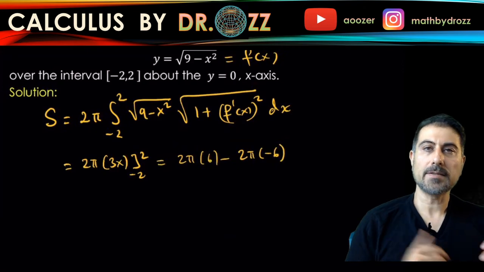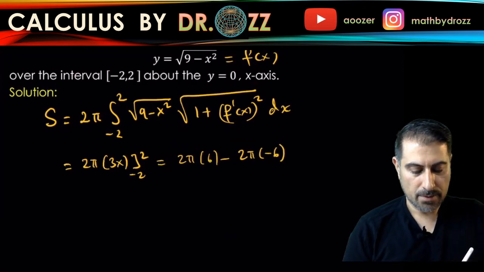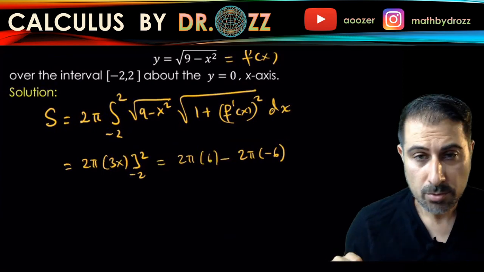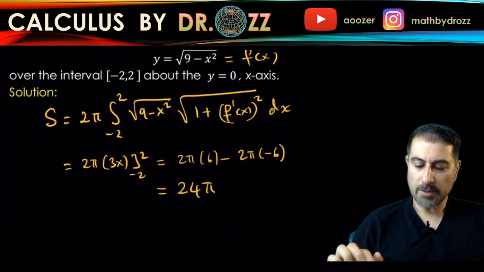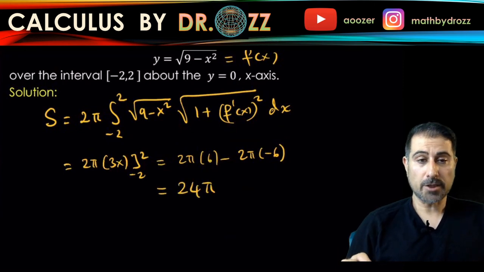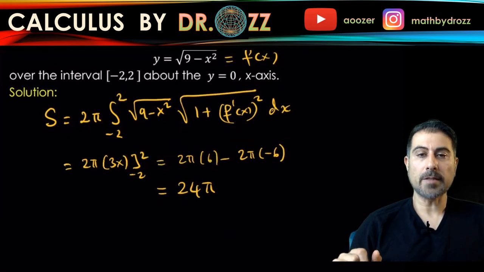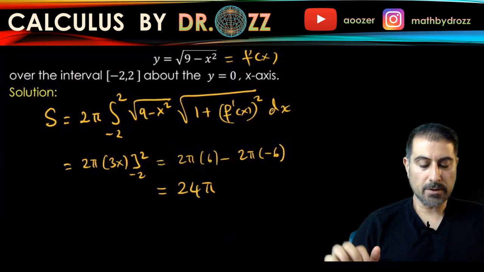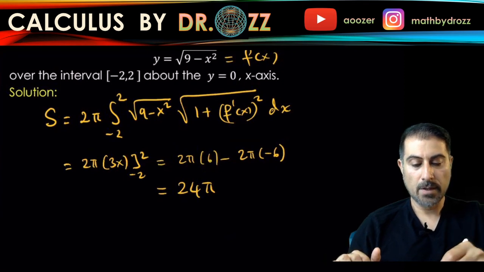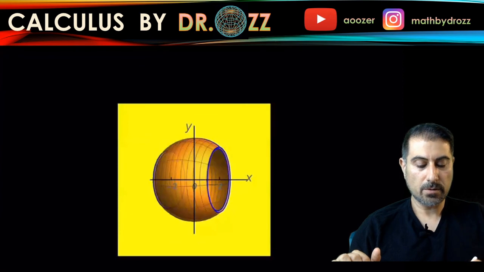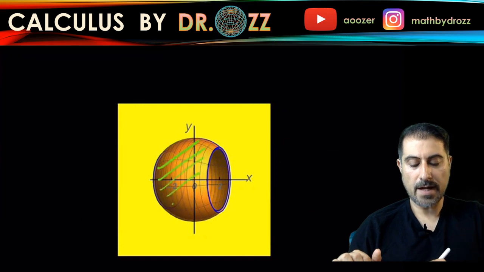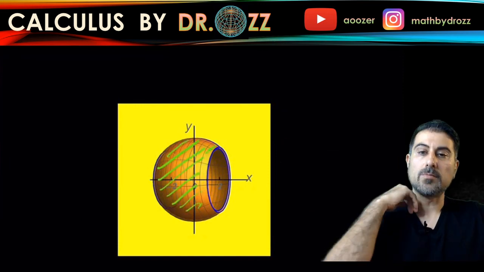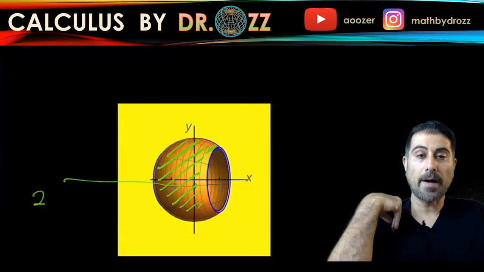So 12 pi minus negative 12 pi, it's going to be 24 pi. That is the surface area of the three-dimensional object that's obtained by revolving radical 9 minus x squared about the y-axis. Okay, so here you can conclude that the surface area for the three-dimensional object is in fact equal to 24 pi. All right.